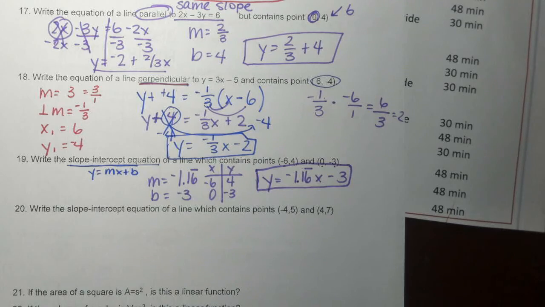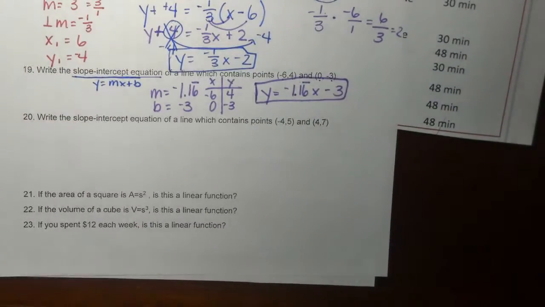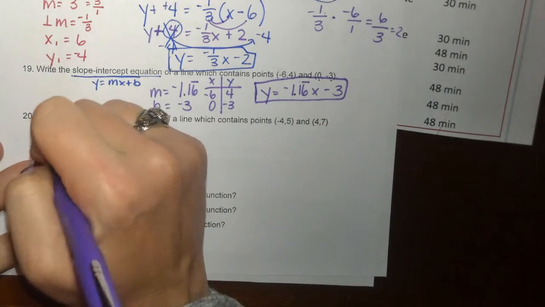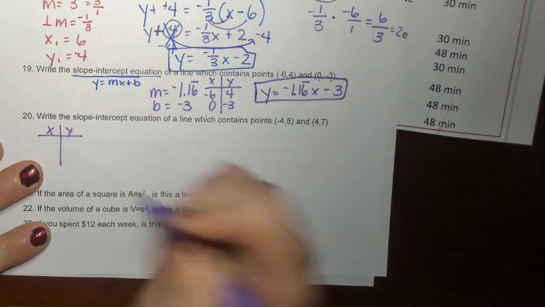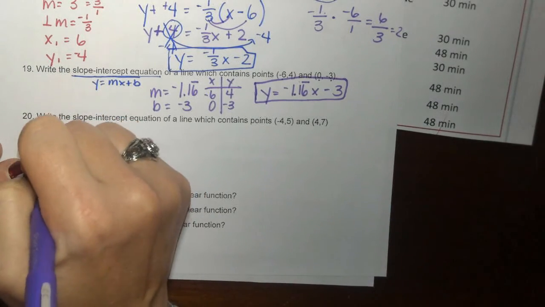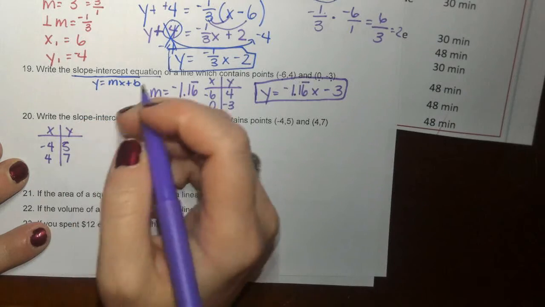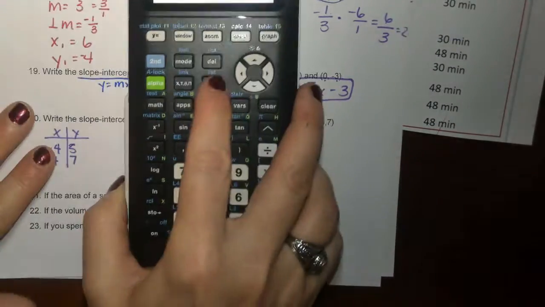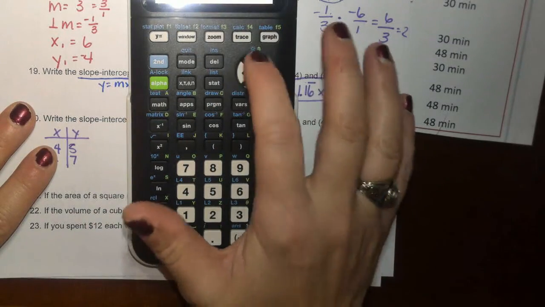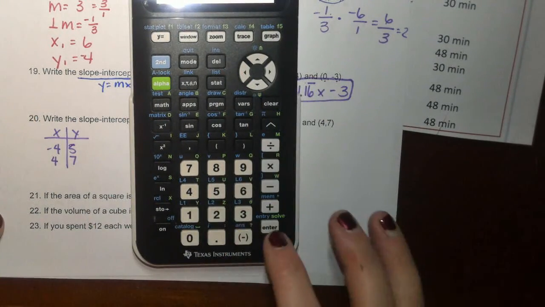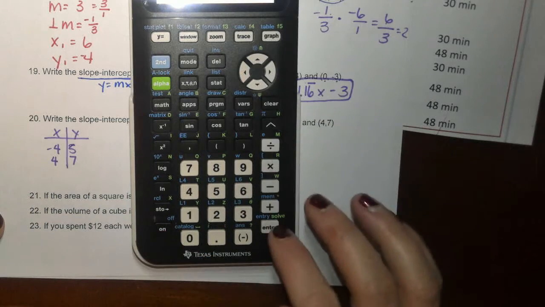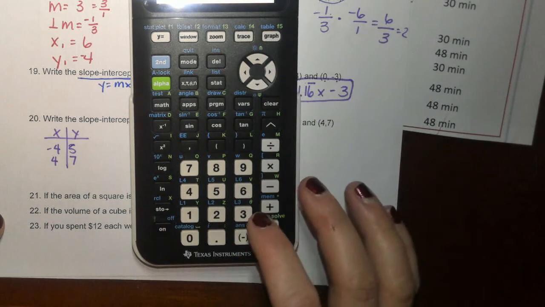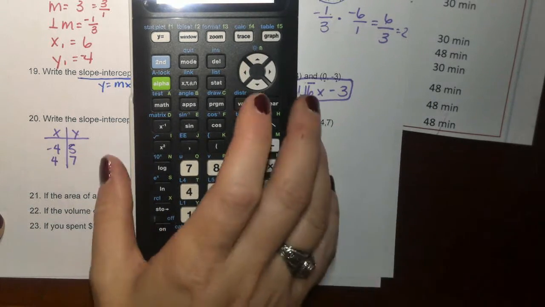Number 20. Write the slope-intercept equation of a line which contains points (-4, 5) and (4, 7). Stat edit again. X values negative 4 and 4, y values 5 and 7.